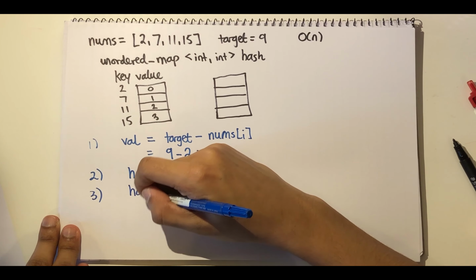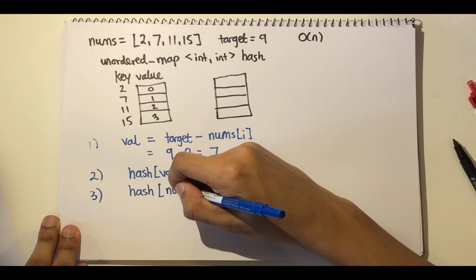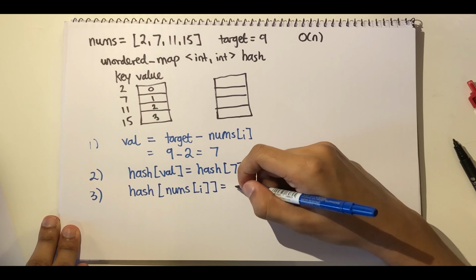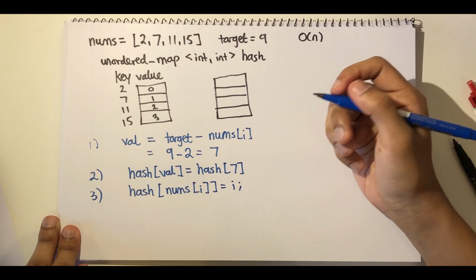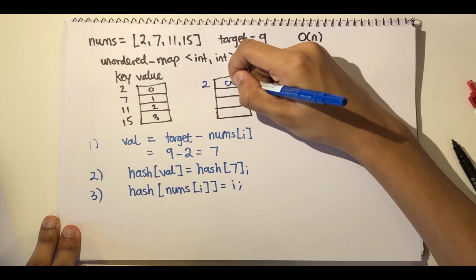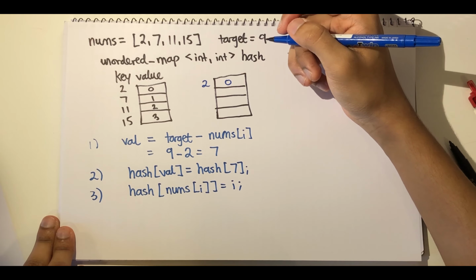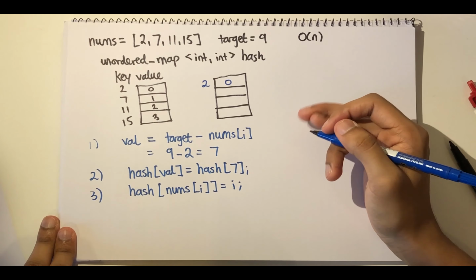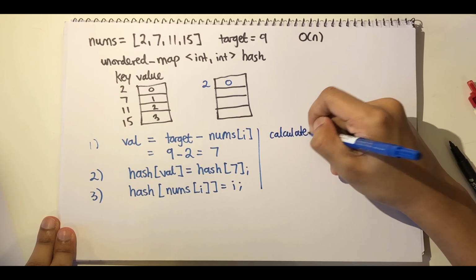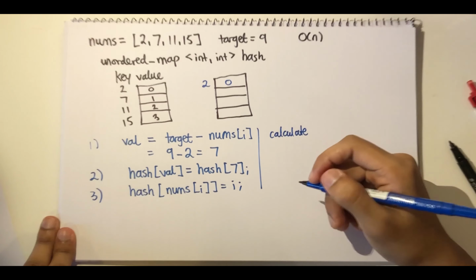So now we just add the current element, nums of I, and we give it a value of the index. So we're going to have 2 and its value 0. So these are the 3 steps we go through. We calculate the target minus the current element.